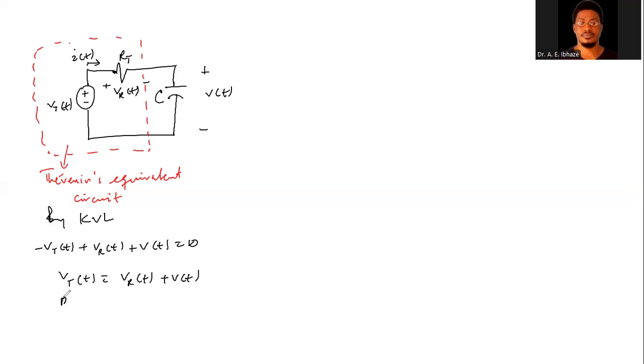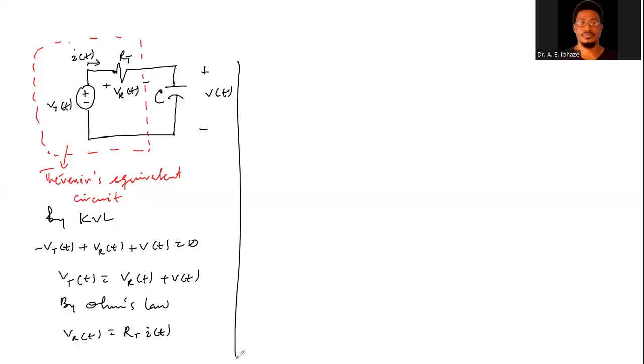And by Ohm's law, we have that VR of T is the same as the current through this resistor times the resistance RT.